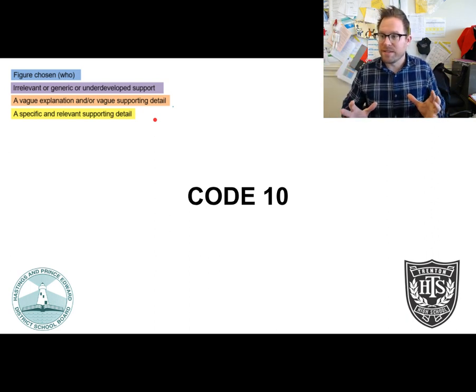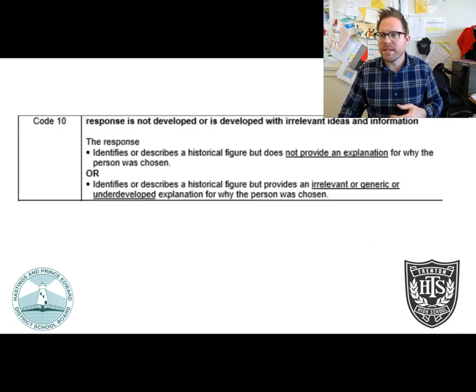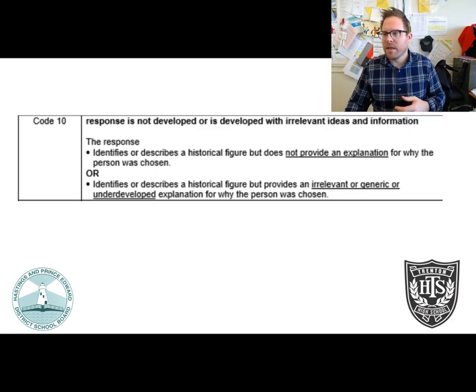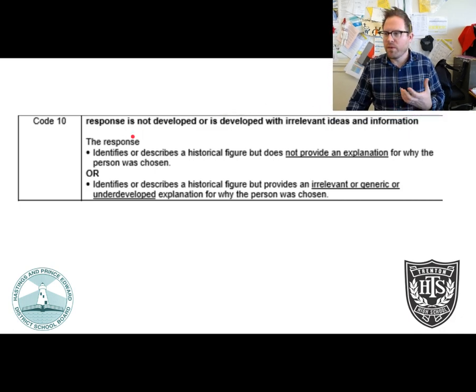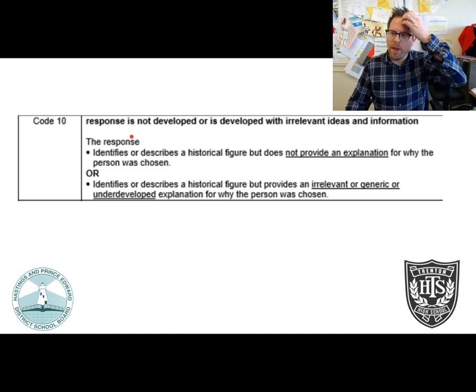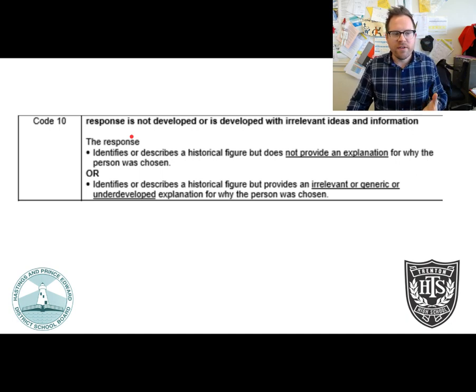Let's walk through what a code 10 is, what that means, and more importantly, what it looks like. A code 10 is a response that, EQAO says, is not developed or is developed with irrelevant ideas and information.